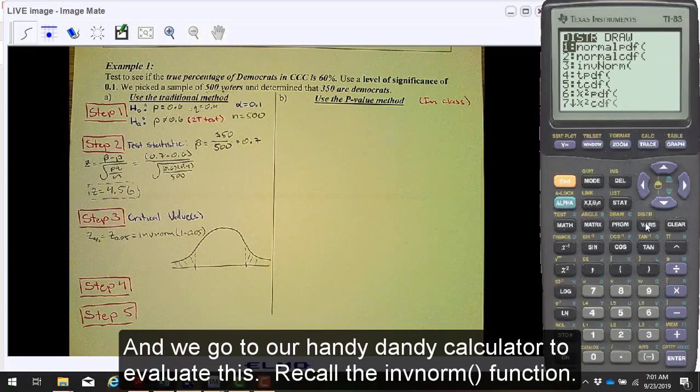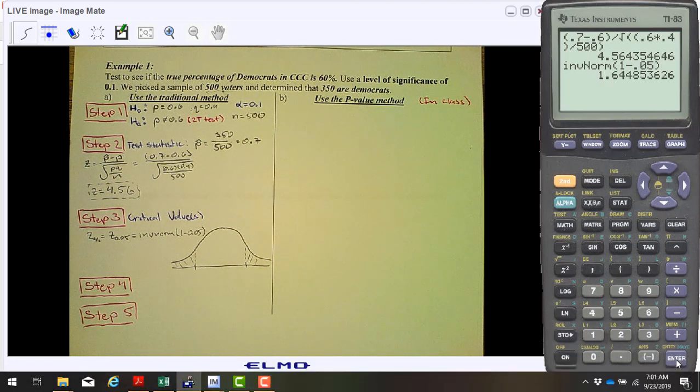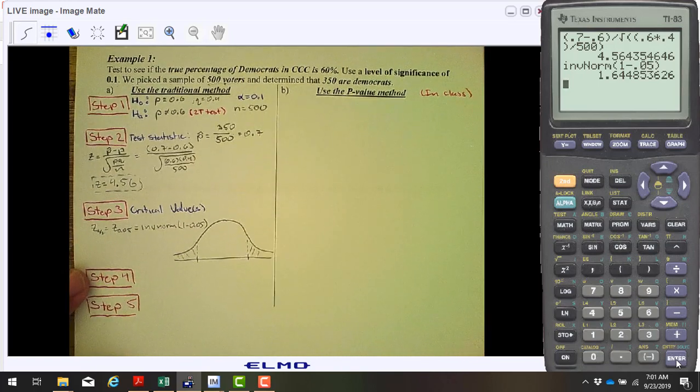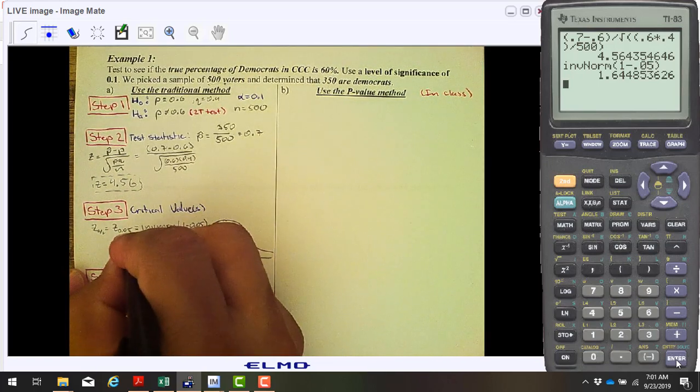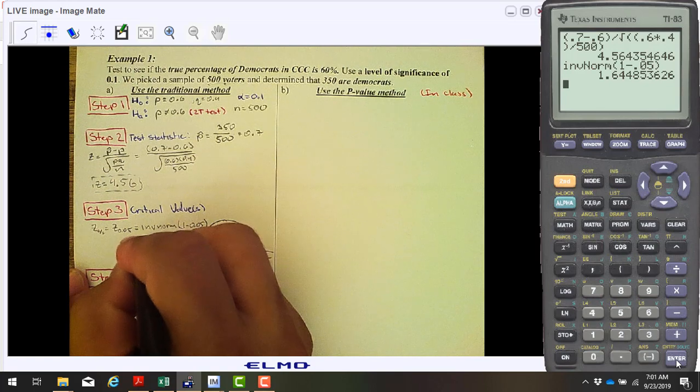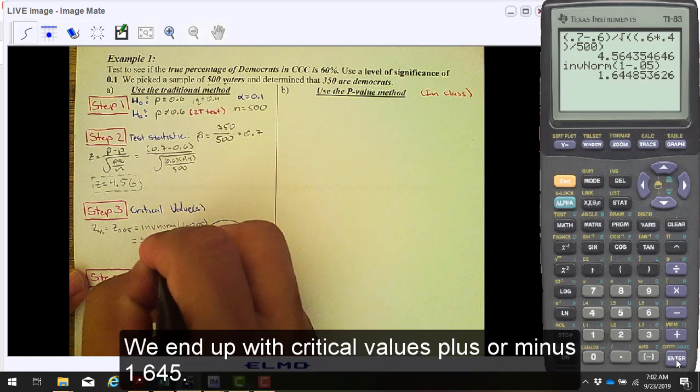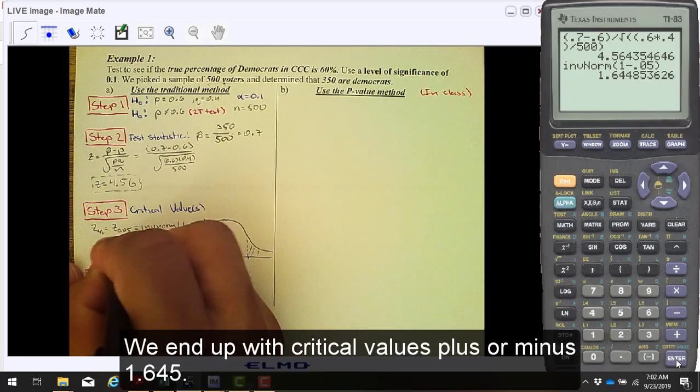And we go to our handy calculator to evaluate this. Recall the inverse norm function. We end up with critical values plus or minus 1.645.